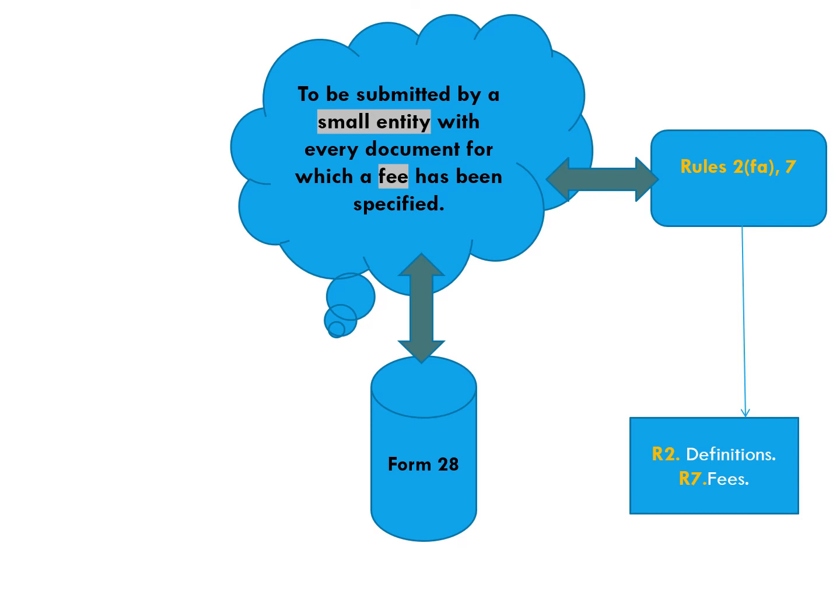So just remember Form 28, Rule 2, Rule 7, and the keyword is fee. Here you can see fee. Fine. Small entities is another keyword that you can find from the definition inside Rule 2.